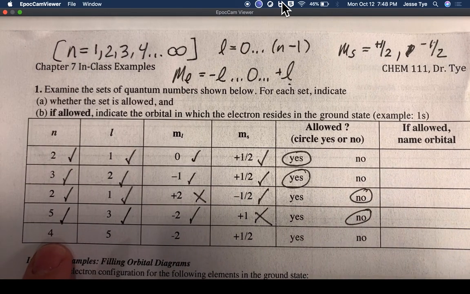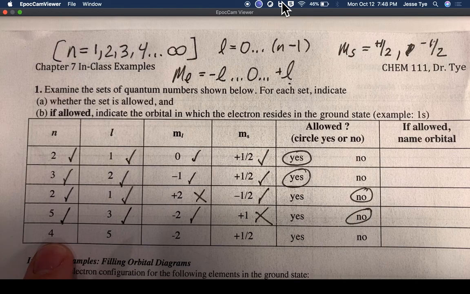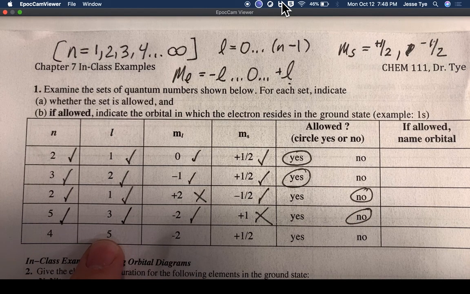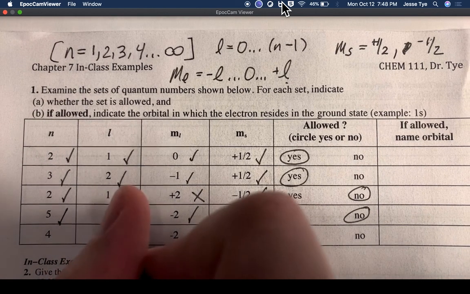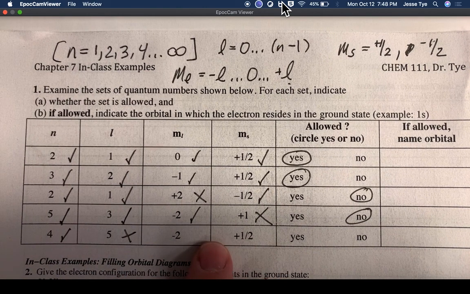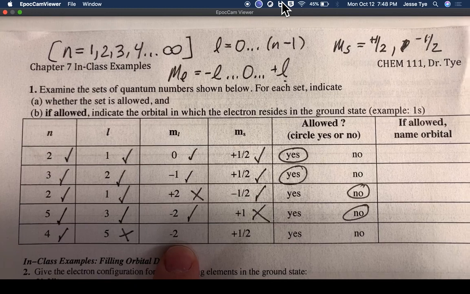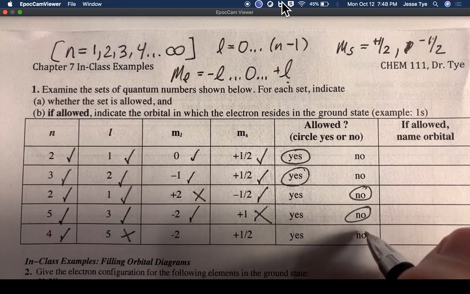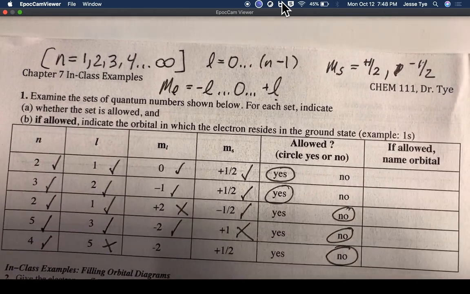All right, and then now let's go to this one. So if n is equal to 4, L can have values up to 4 minus 1 or 3, so we already have a problem here. The first one is okay, the second one's not, and then it doesn't really even make sense to go on after we find one that's not. And so if any of them are no, then it's no.